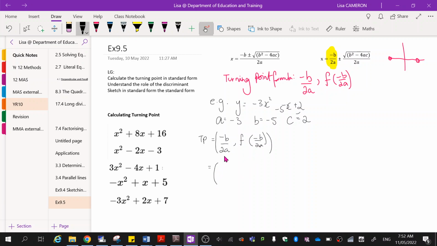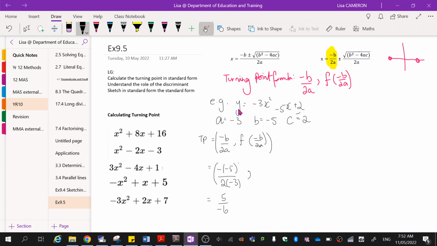So I'm going to do minus, bracket for when I substitute in, minus 5. If you don't use brackets, things will go wrong. 2 bracket minus 3. Now I'm going to keep solving this one. The top here will become positive 5 over the denominator here, which will be negative 6. So that's the number that I'm putting back into my original function.